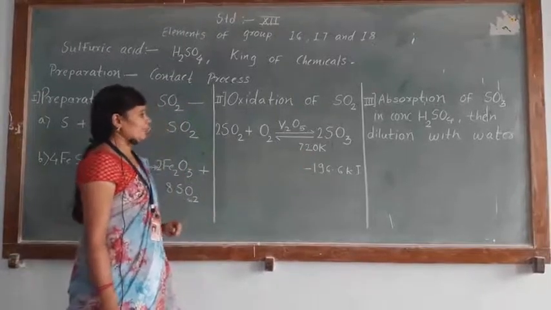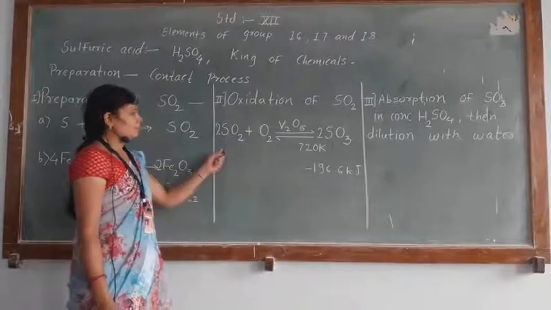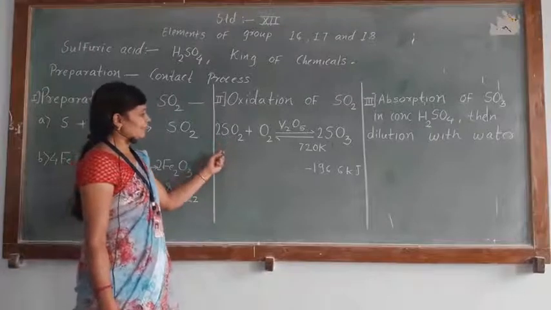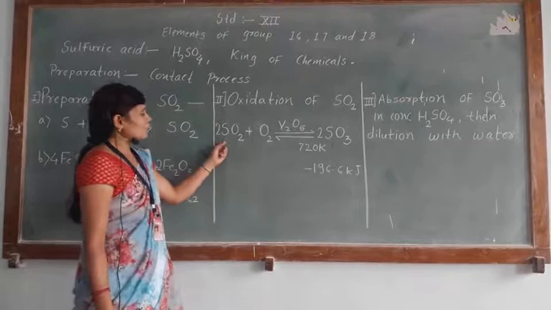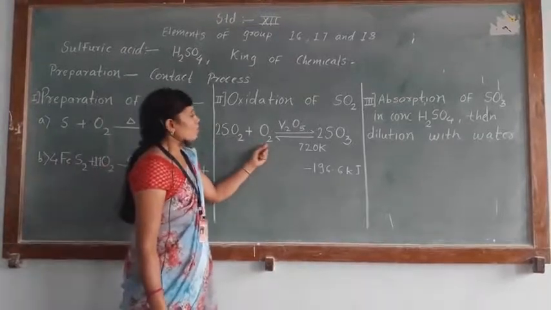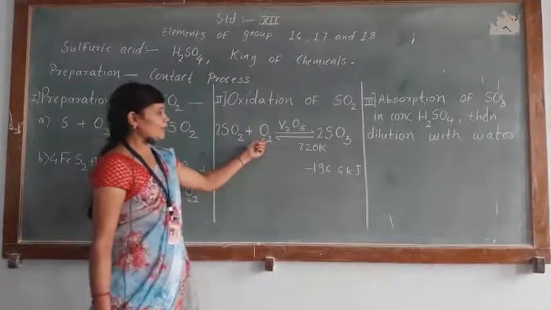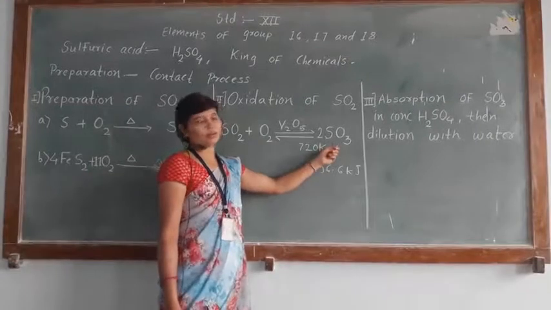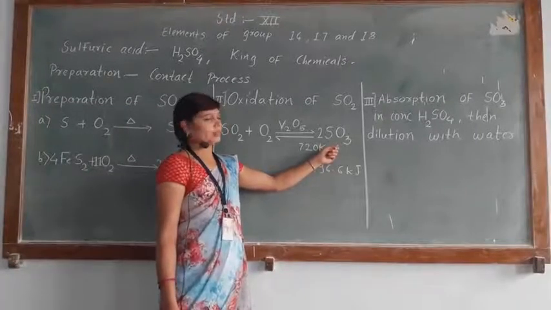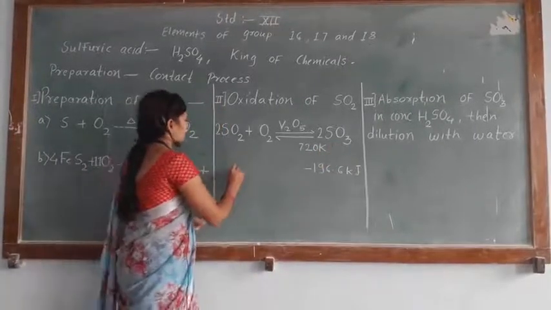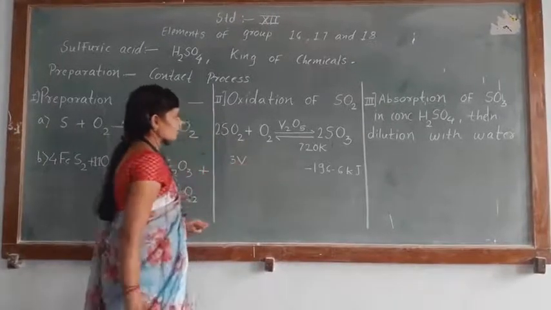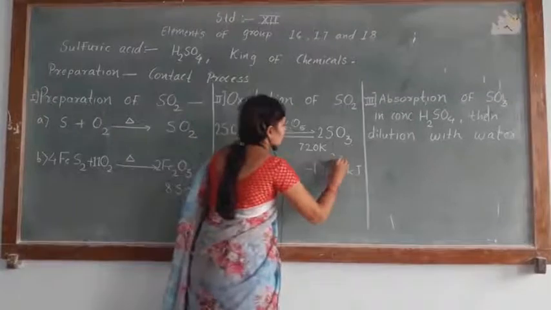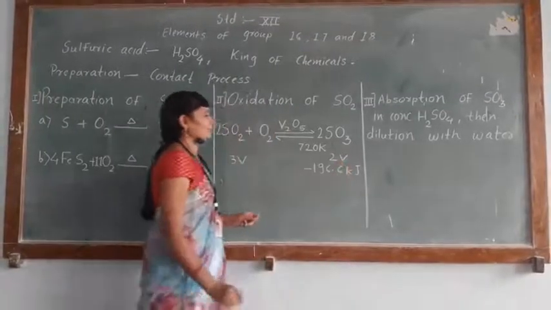Now, if we observe the volume of reactant side and product side, 2 volumes of sulfur dioxide react with 1 volume of oxygen to form 2 volumes of sulfur trioxide. So on reactant side, total 3 volumes of reactants form 2 volumes of product, that is sulfur trioxide.